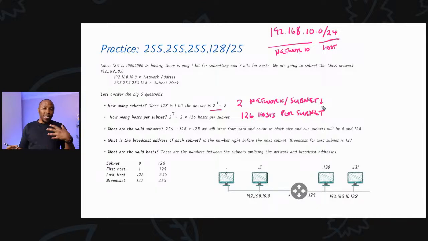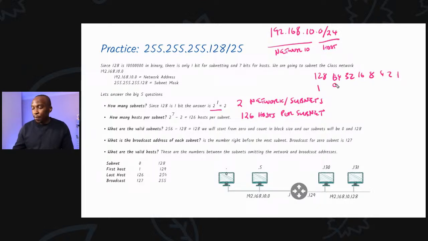And what are the valid subnets? We said for the valid subnets, we convert this borrowed bit and then we subtract that from 256. And we said 128, 64, 32, 16, 8, 4, 2, 1.